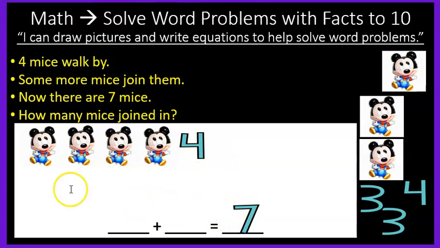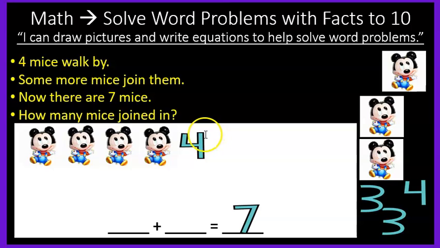Now, we're going to have to figure out what goes here, okay? We're going to start at 4. We're going to end at 7. Watch me and see how I do this so that it'll be familiar to you again, okay? Watch. 4, and we're going to stop at 7.